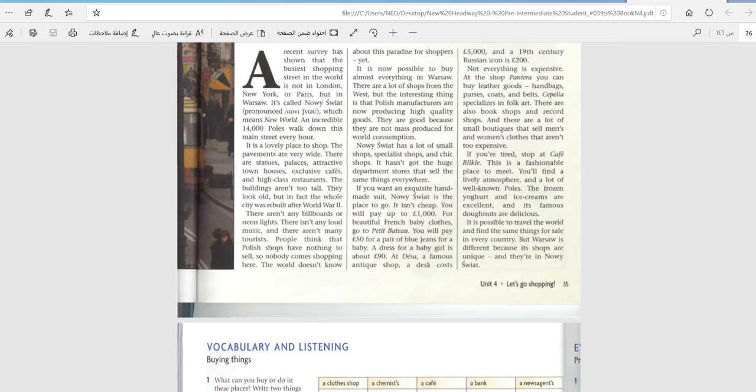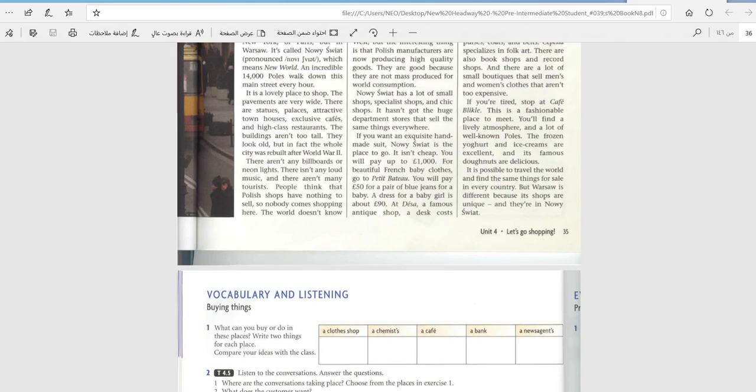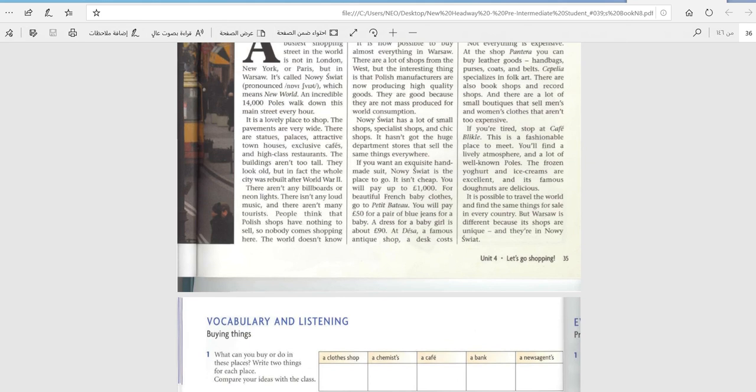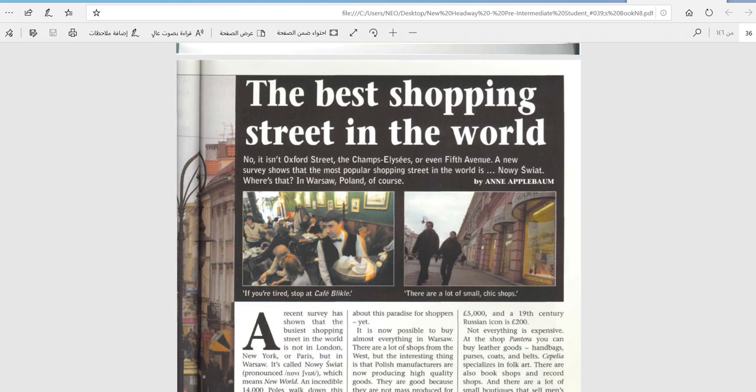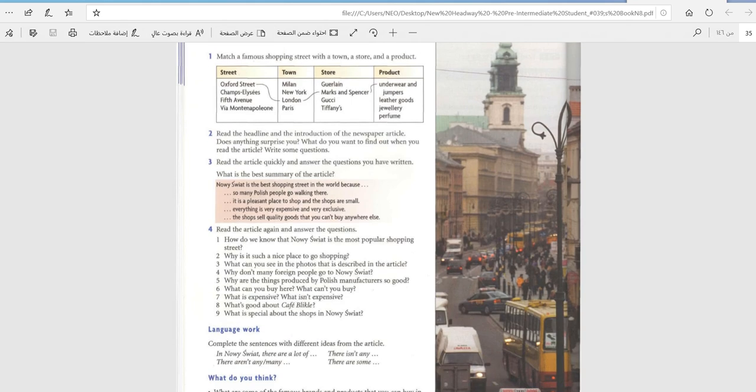It is possible to travel the world and find some things for sale in every country, but Warsaw is different because its shops are unique and they are on Nowy Swiat. So it is the best shopping street in the world.